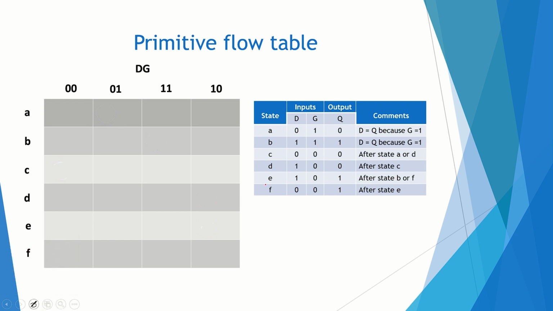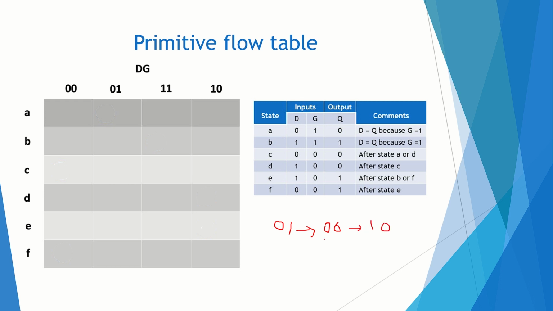So first we will see state A. And one more thing: the state transitions are from 0 1 to 0 0 or to 1 0.